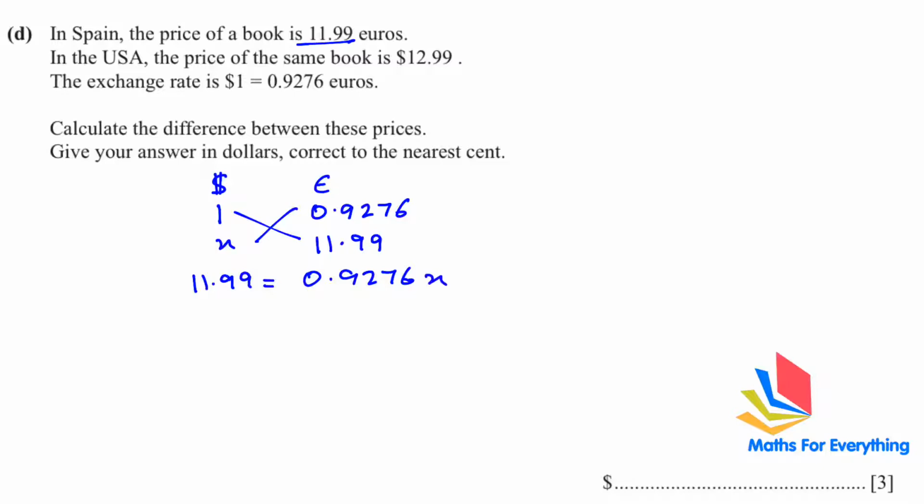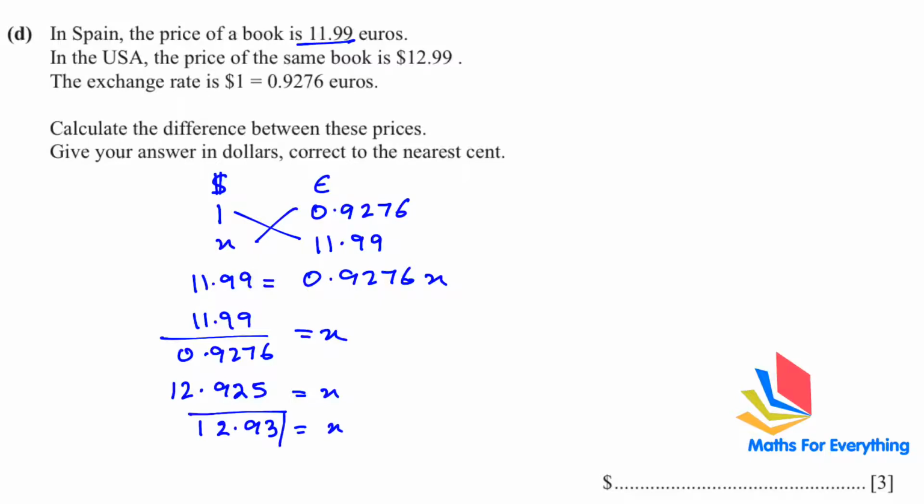Divide 11.99 by 0.9276, and you will get in the calculator 12.925. It's dollars, so you have to round it to two decimal places. It will be 12.93.